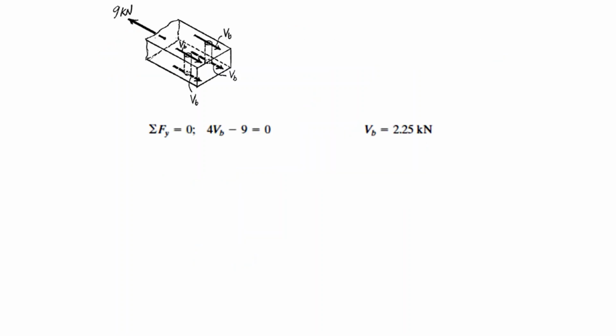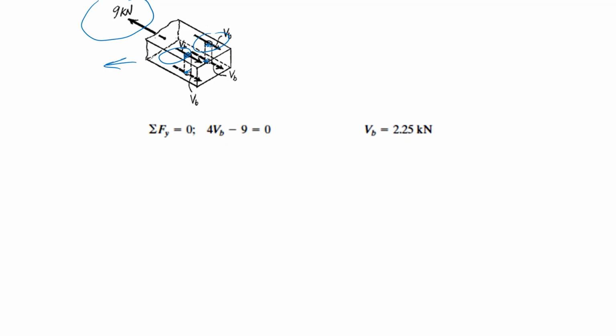Let's start with the pins. We know that the load is 9 kilonewtons. On the left side, we have two pins, and each pin should be sheared along four sections.